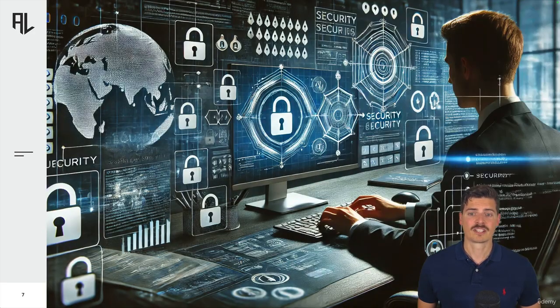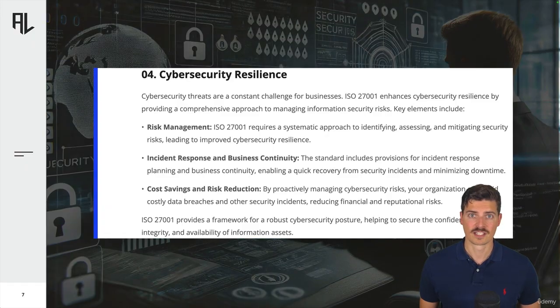All right, last but not least, we have the cybersecurity resilience. Now, although ISO 27001 is a management system, so it does not guarantee that you are more secure afterwards, I still think that by having a sound management system in place, you will improve your overall resilience.